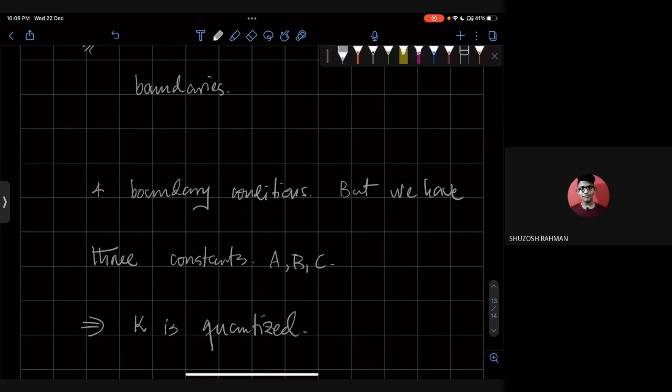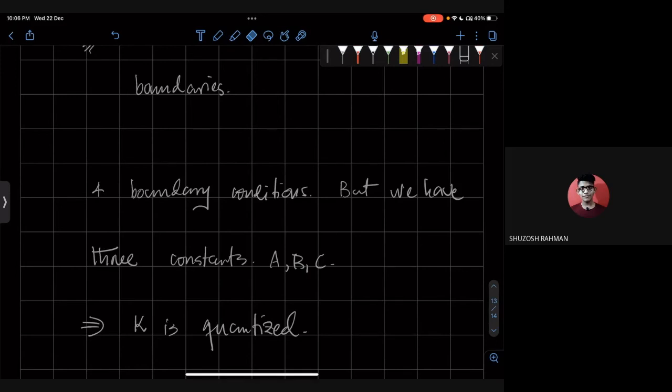Because you cannot actually fit all these constants, including K. So if you had A, B, C, and D, then you would not need to quantize K, right?